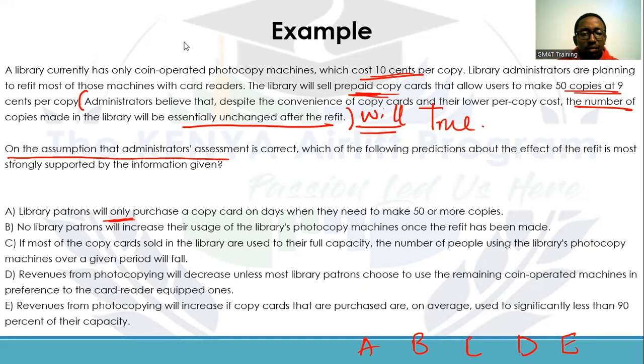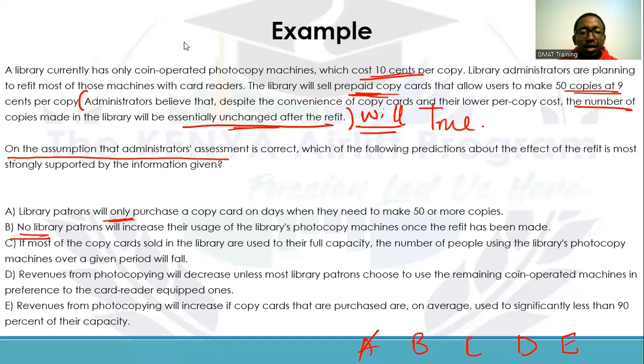So A is out. B, no library patrons will increase their usage of the library's photocopy machines once the refit has been made. For this to be true, remember we only know that the number of copies made in the library will remain unchanged. So is it true to say that no library patrons will increase their usage?